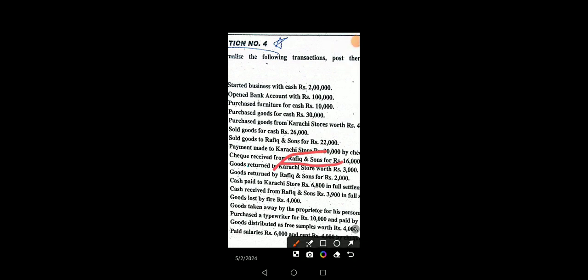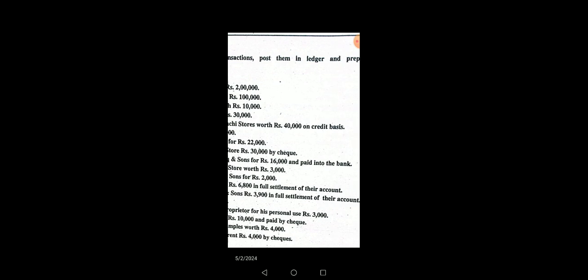Rafiq was present in initial entries. You were supposed to receive 22,000 from Rafiq, but right now Rafiq is paying less than 22,000. Here you can see that Rafiq is paying only 16,000 and that amount is paid into the bank.